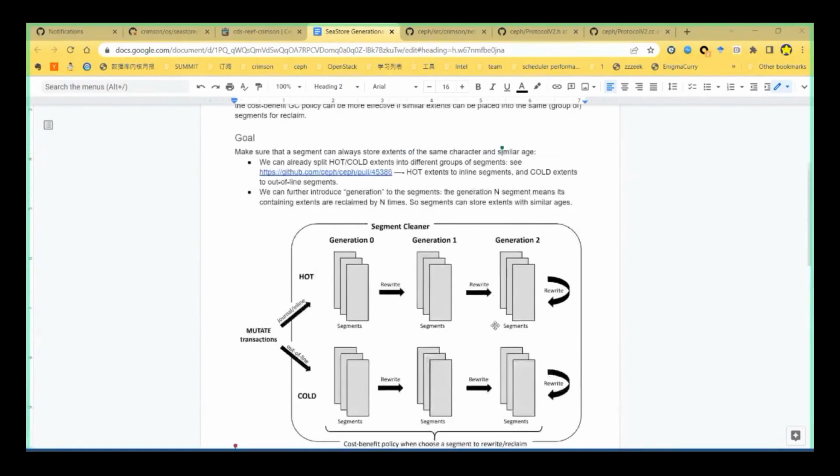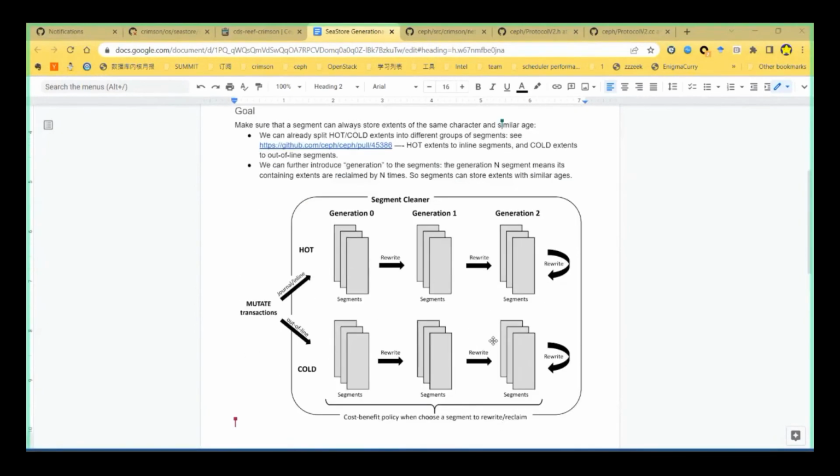So, any other questions? Juehan, what do you think about trading the very granular time we're currently using for modification time for this more heuristic generation concept? Yeah, I think the generation version is better. Cool. We may want to retain the timestamps for a little while.